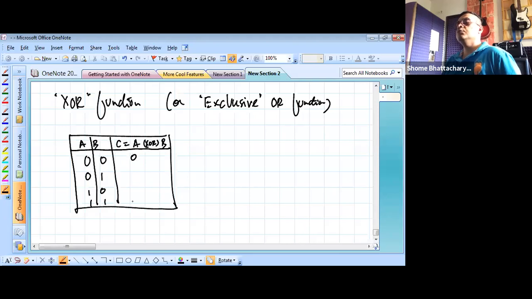So this becomes 0, this also becomes 0. But when one of them is true and the other is false, C becomes true. This is the logical function called the XOR or exclusive OR function.